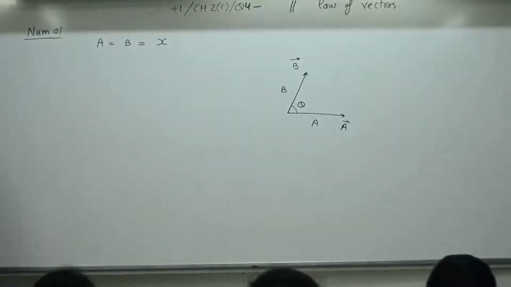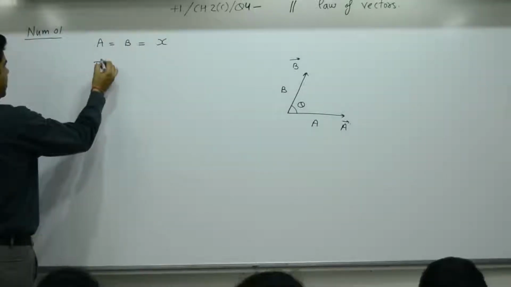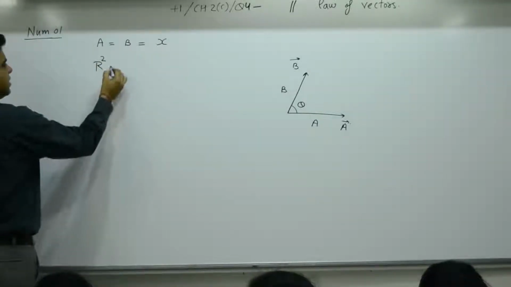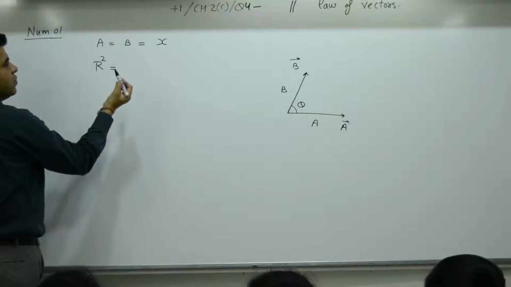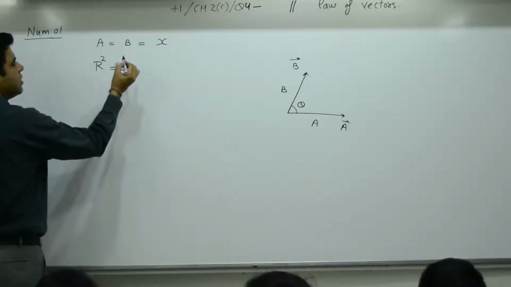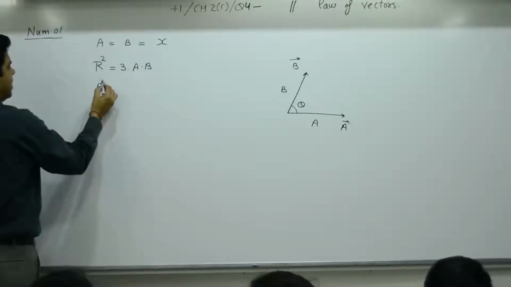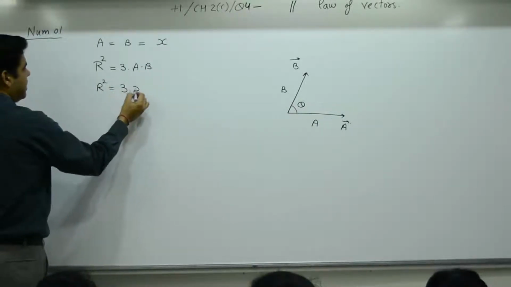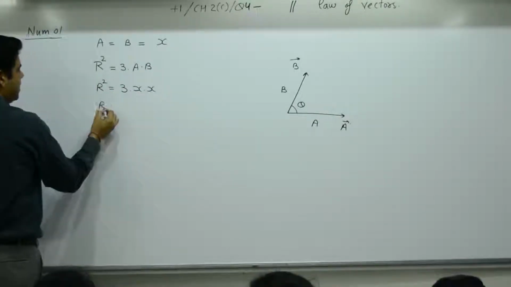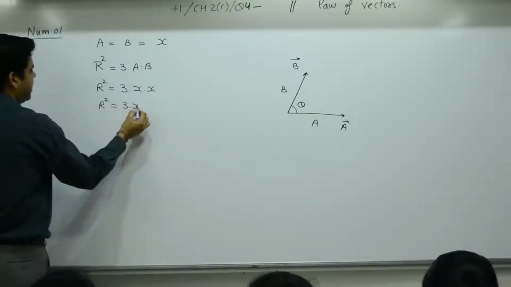What is the magnitude of the resultant? The square of the resultant is given in the question: the square of the resultant is equal to 3 times the product of the two, which means R square is 3x into x. R square is 3x square.